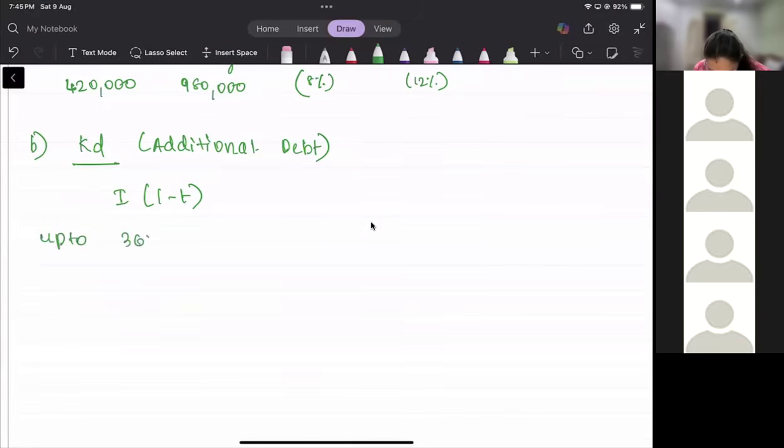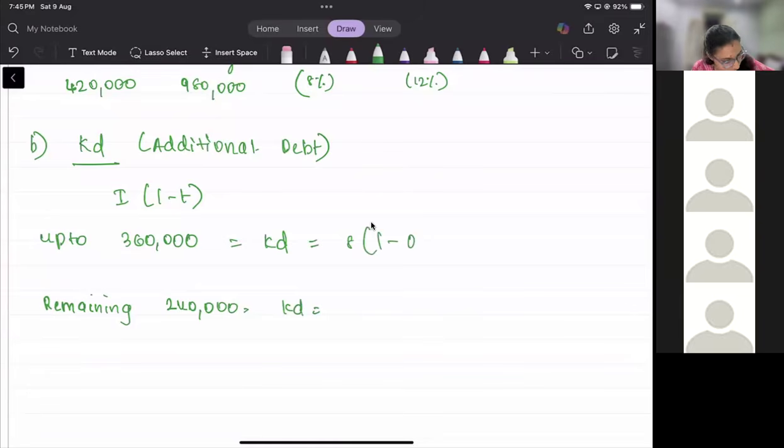We'll have 2 KD, right? Up to 3 lakh 60,000, our KD will be different. And for the remaining 2 lakh 40,000, the KD will be different. So 8 into 1 minus 30 percentage.